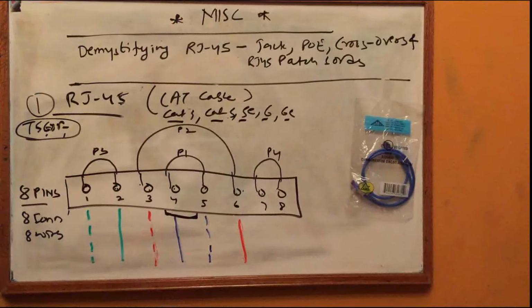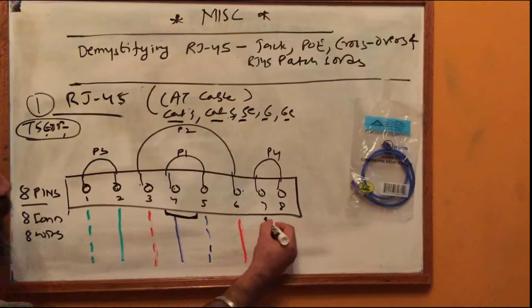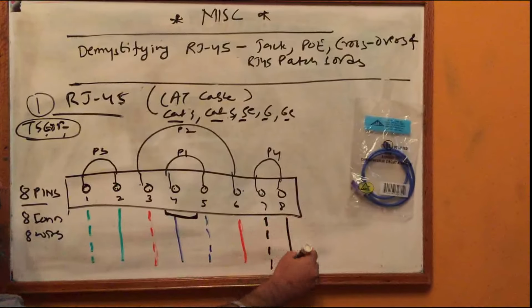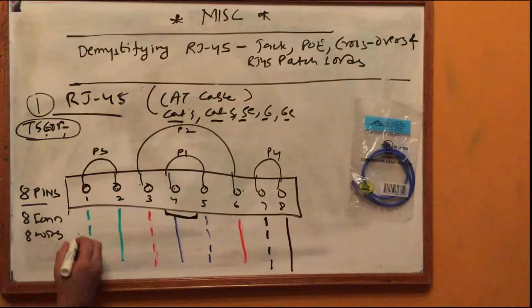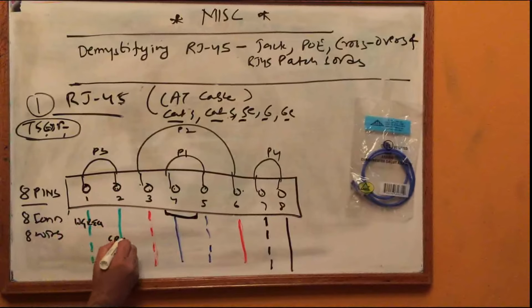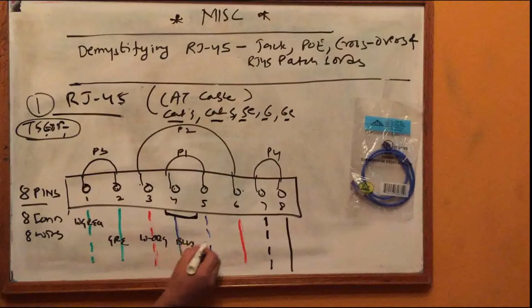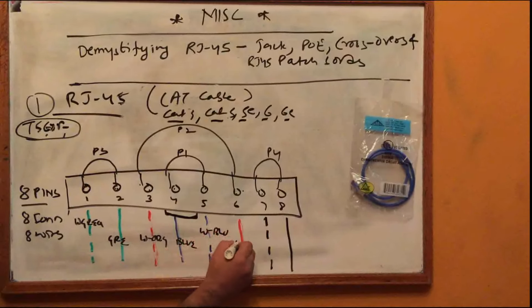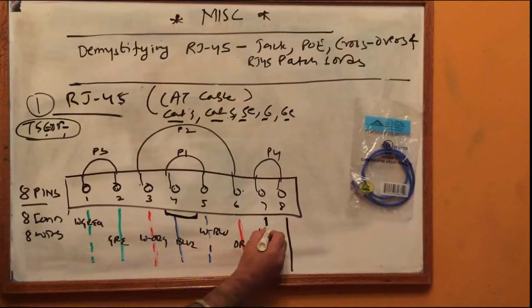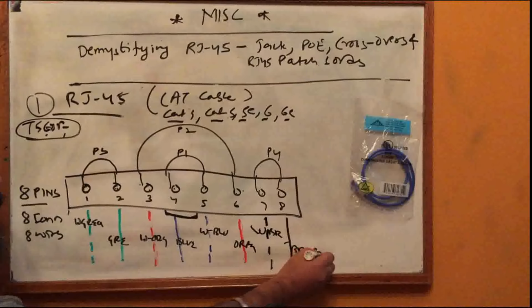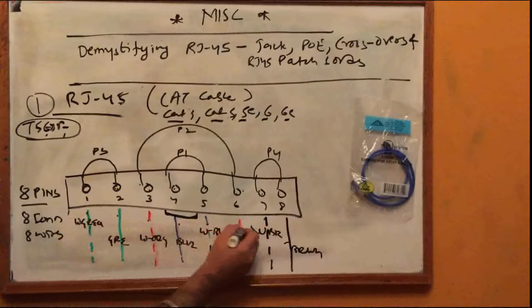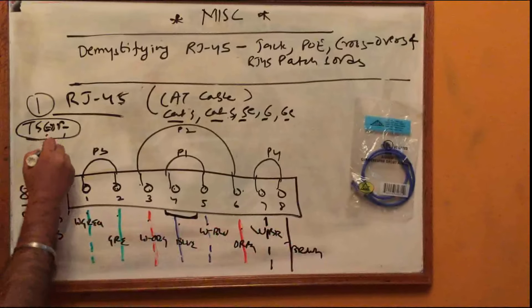Then we have white brown, and we have solid brown. So: white green, green, white orange, blue, white blue, orange, white brown, and then brown. So 1, 2, 3, 4, 5, 6, 7, 8. This is how the cables are connected in a 568A configuration.